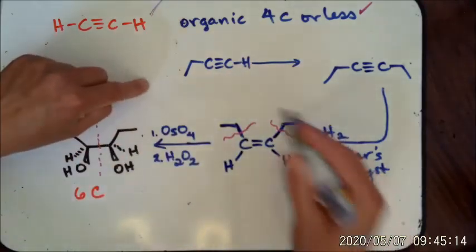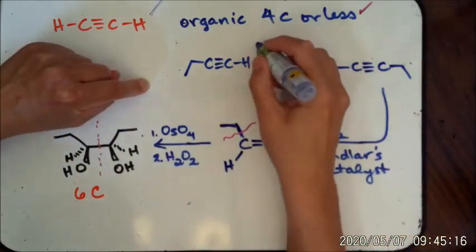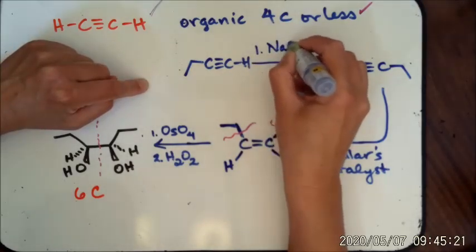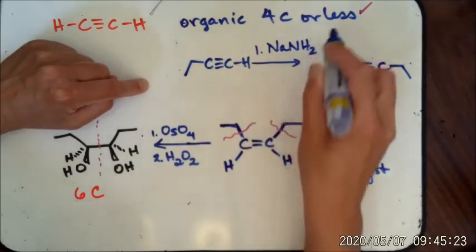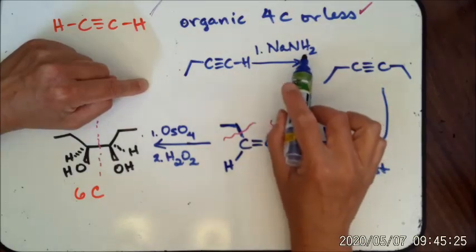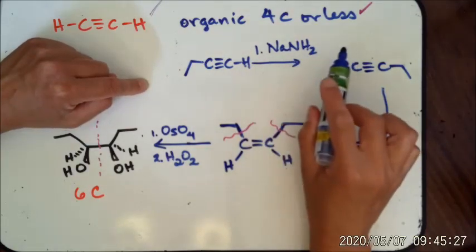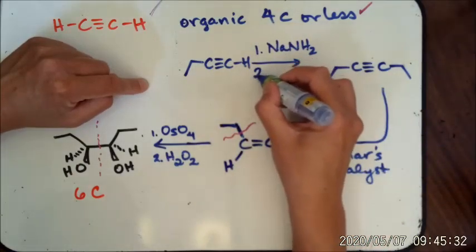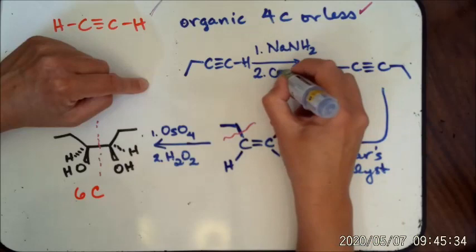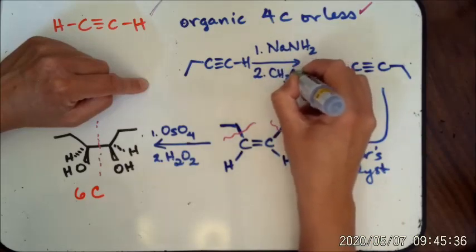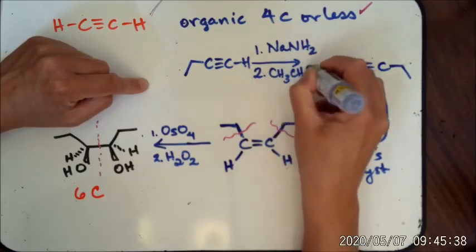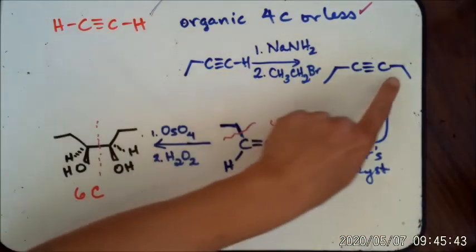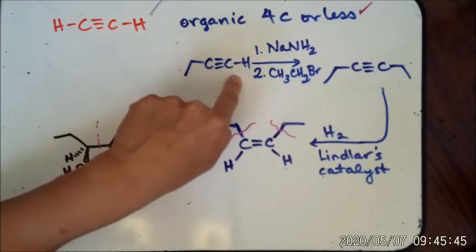And this is going to be my second one, because remember, I'm working backwards. I'm going to need 1 sodium amide. Remember, you make this with sodium, liquid ammonia, and the Fe3+ catalyst. Once I remove that, it's ready to react with a primary halide. Okay, so I get this attached right there.